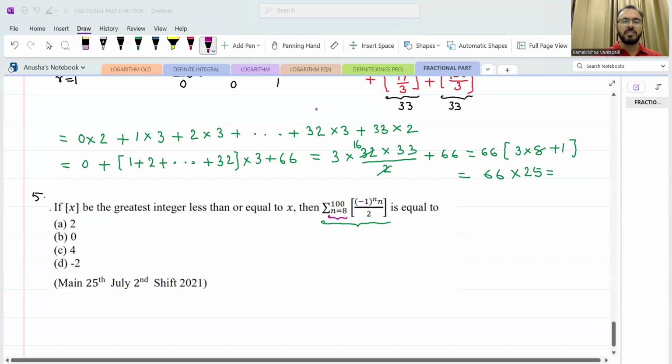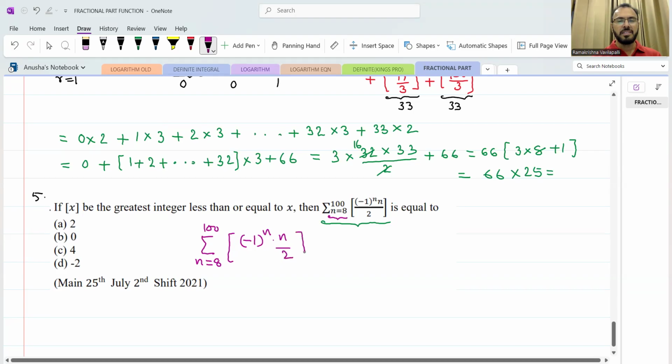Sorry for the interruption. Now we can solve this question by listing out individual terms. Sigma n equal to 8 to 100, integral part of minus 1 whole power n into n by 2.